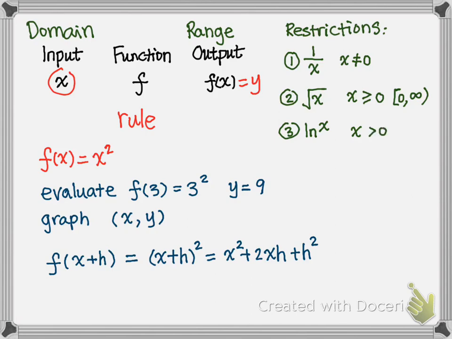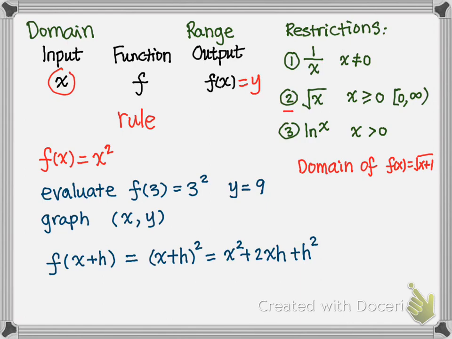So for example, if you want to find the domain of the function f of x equals the square root of x plus 1, take a look at the restrictions. We have the second type.